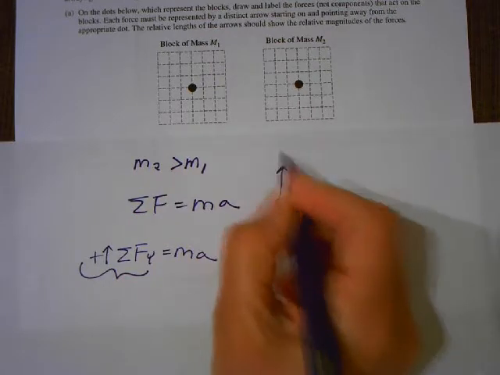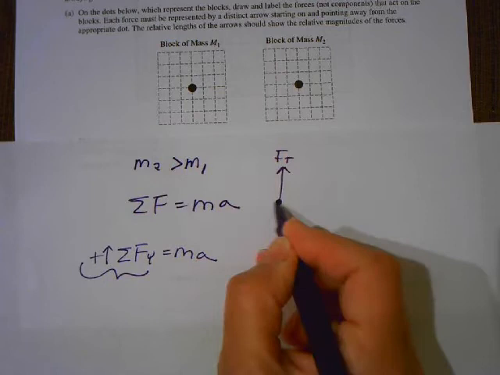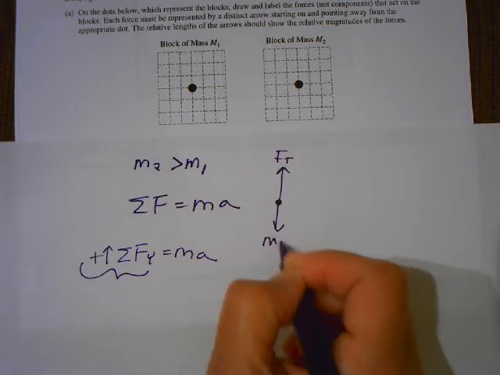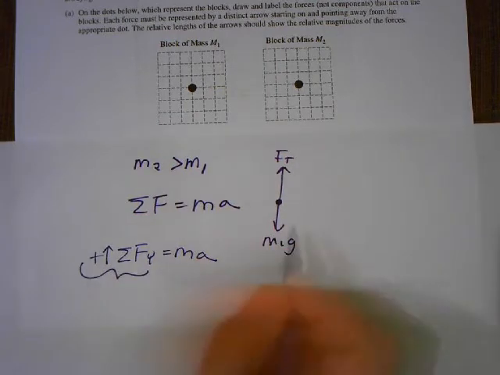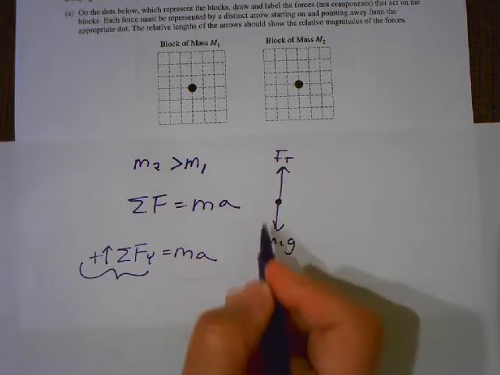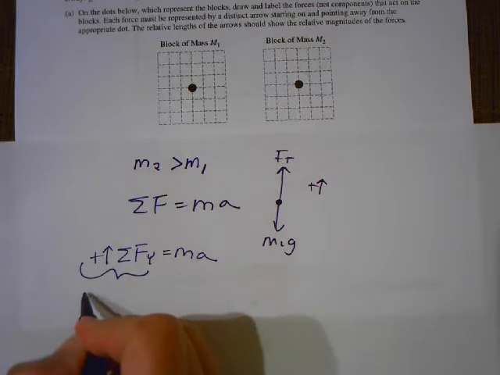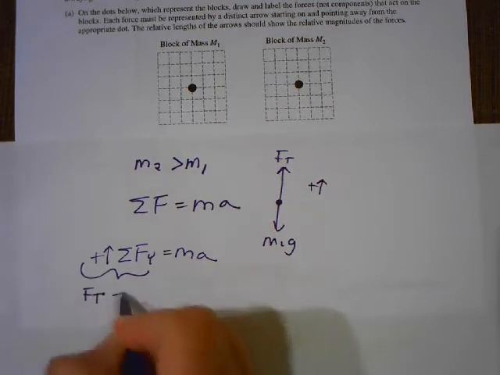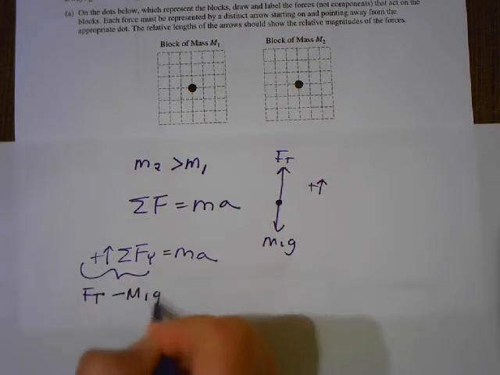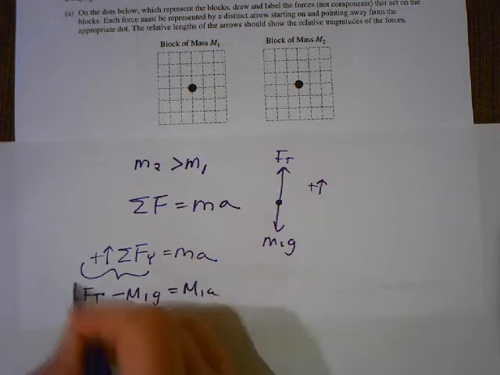You're going to have the tension in block 1 and then M1g. Now what are all the forces acting on this? Well, I know the tension is positive because that's the way it's moving, minus M1g is equal to M1a. So this is one equation.